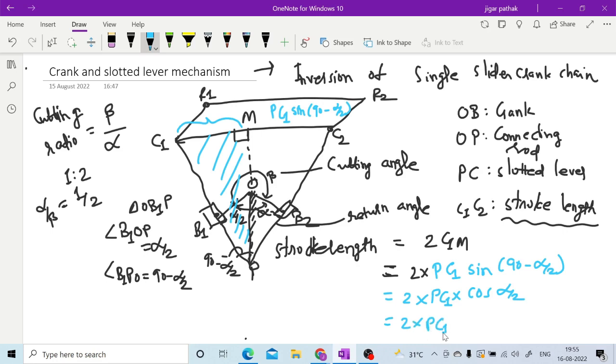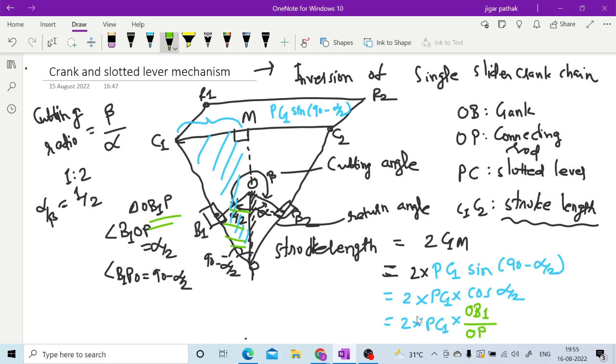If you see 2 PC1 cos alpha by 2 in this particular triangle OB1P, as we have taken, cos alpha by 2 is nothing but OB1 upon OP.